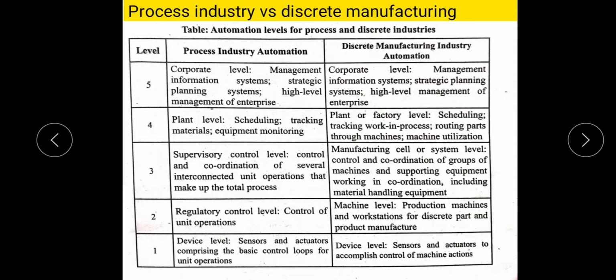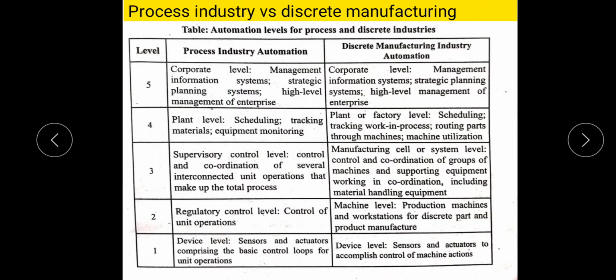These labels help to describe the sorts of automation that occur in each type of industry. The table details the two industry types and their respective automation uses for each level of automation. We should understand this through the table.